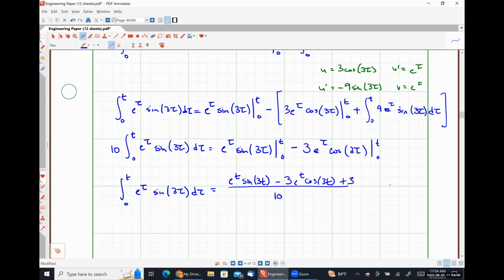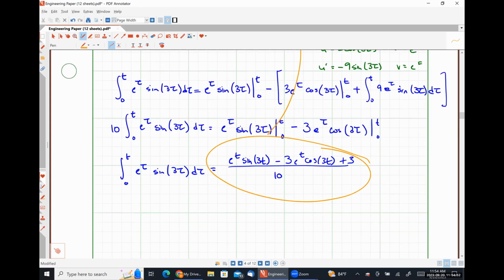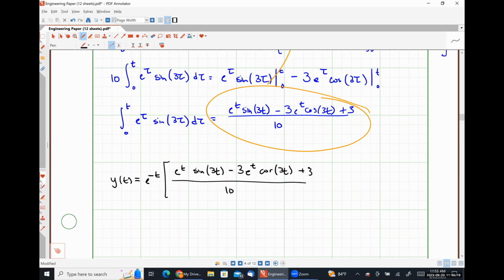And now I'm going to take this result and substitute it back in way up here, so that I get y of t will be equal to e to the negative t times (e^t sin 3t minus 3 e^t cos 3t plus 3), all divided by 10, times u of t.